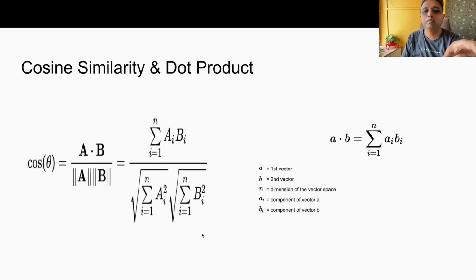And here are the equations of cosine similarity and dot product. This is the dot product equation. If you see the difference between dot product and cosine similarity, you would find that the numerator in both equations is the same, so you can replace it with the dot product.